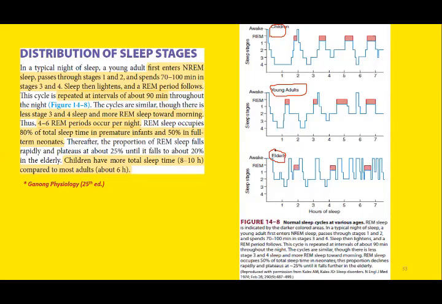Similarly, adults have more total sleep time as compared to elderly subjects. Moreover, there is difference in the REM period as well among all these age groups. So the REM period is much greater in children as compared to young adults. Similarly, the REM period is much greater in adults as compared to elderly.